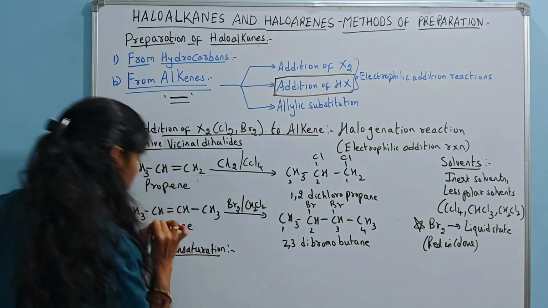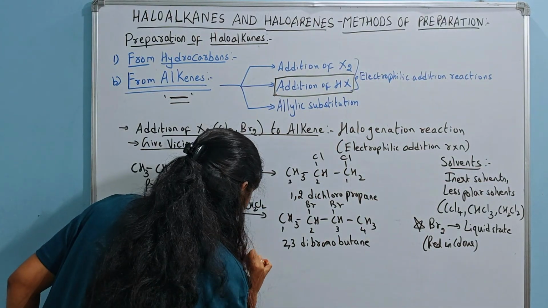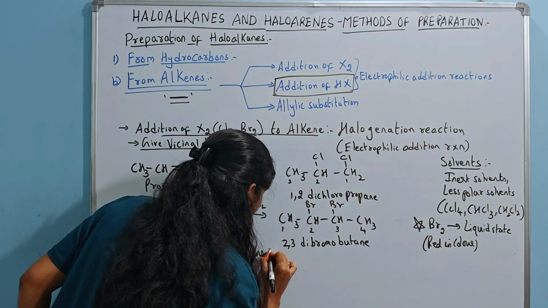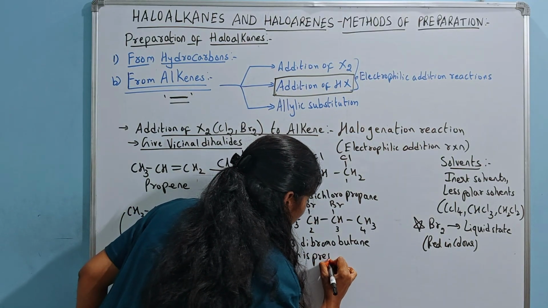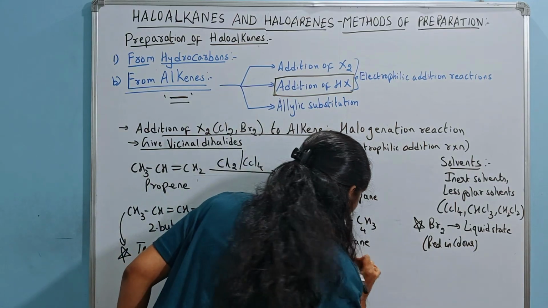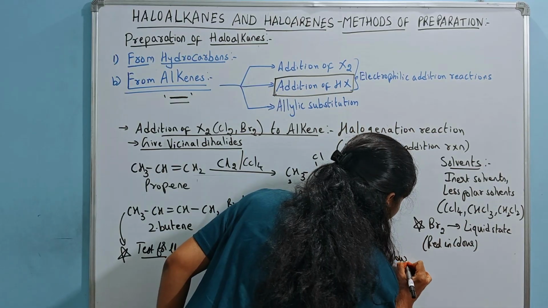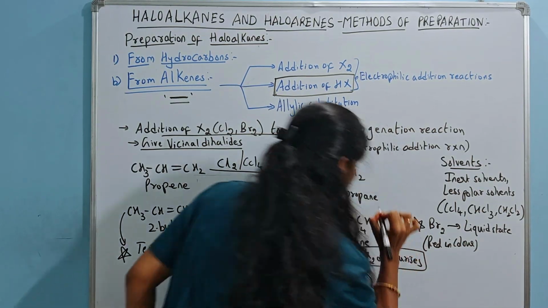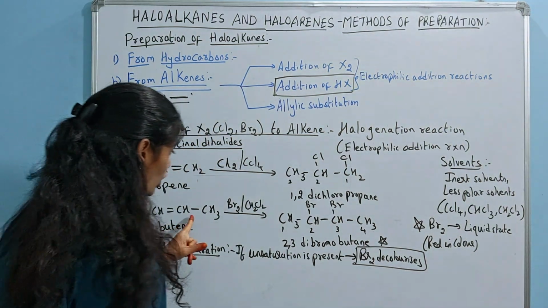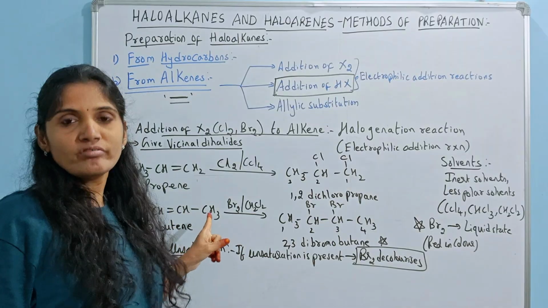How can it be used as a test for unsaturation? If unsaturation is present, bromine decolorizes. If in the molecule unsaturation is present, then bromine gets added onto this unsaturation.